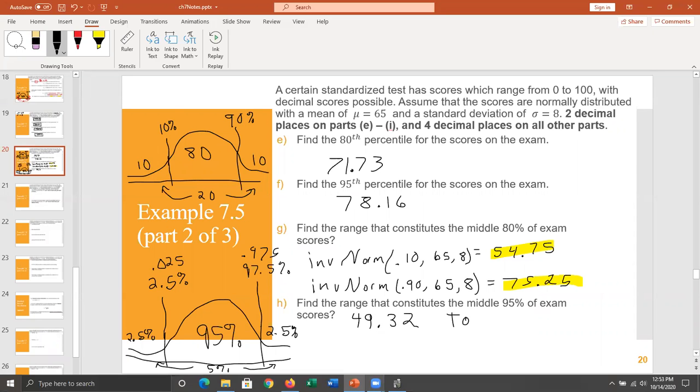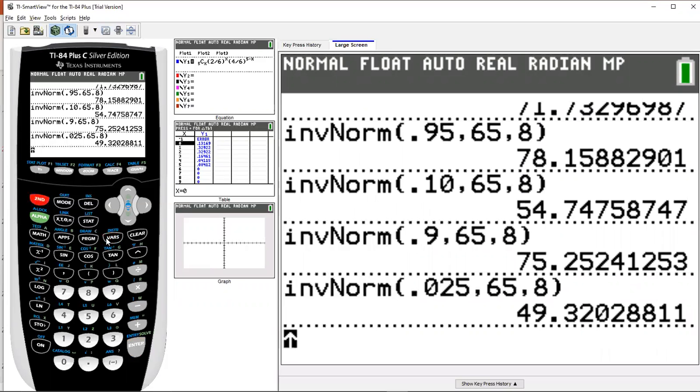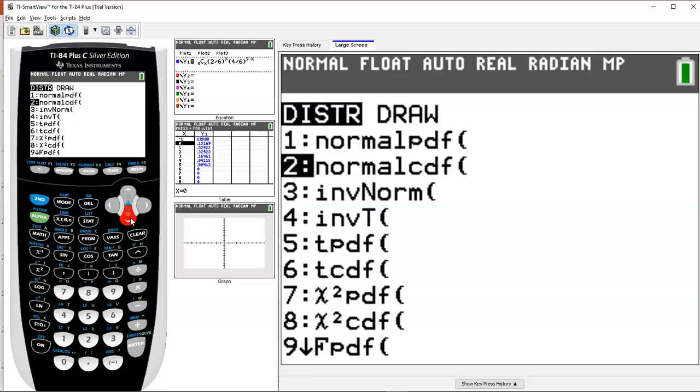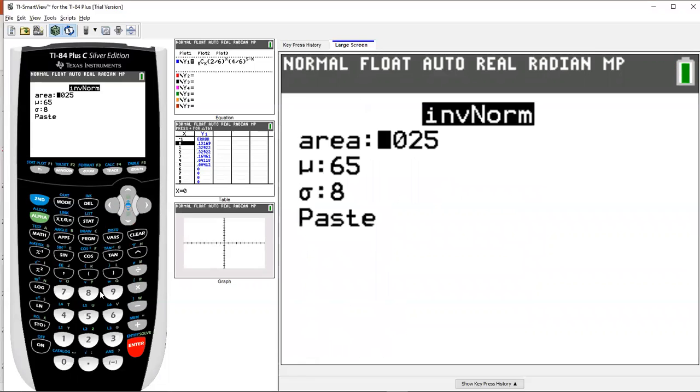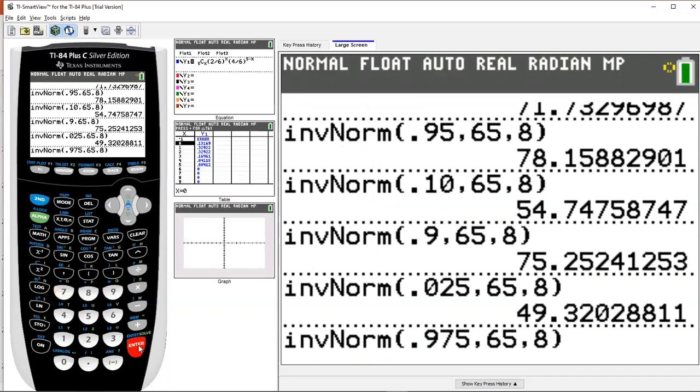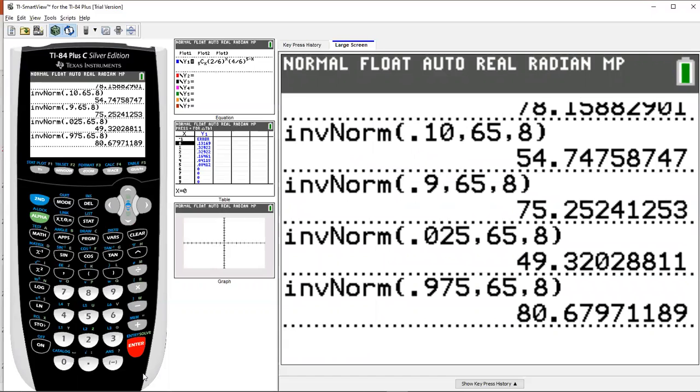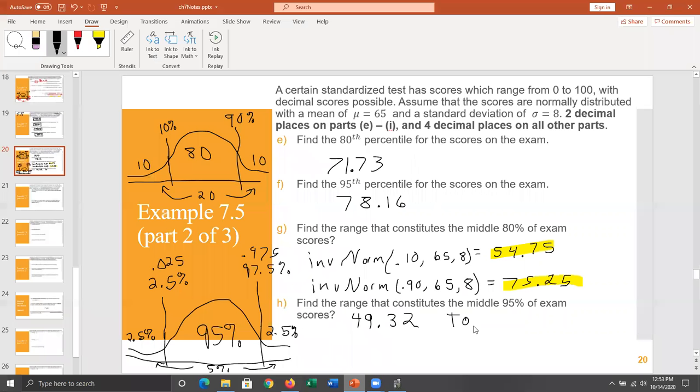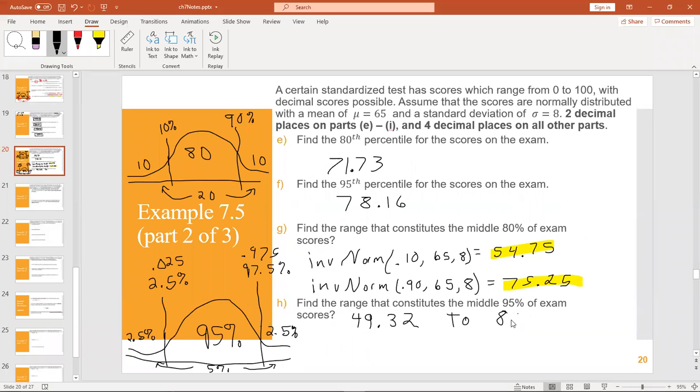And then that's going to go as high as second vars, inverse normal, 0.975. That's going to give you 80.66. So that would be the range for the middle 95% of the data.